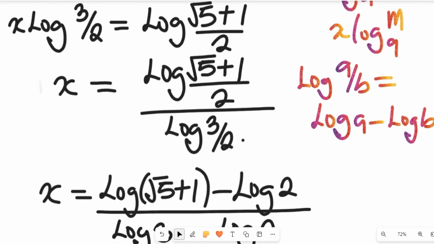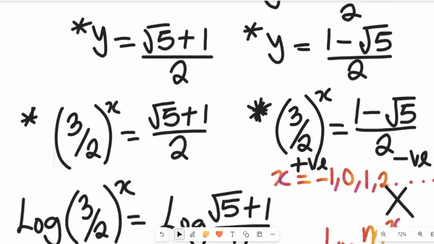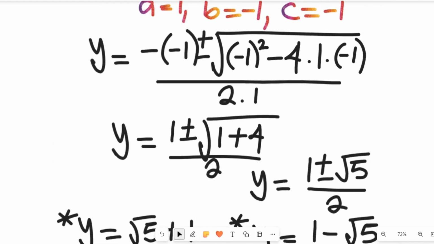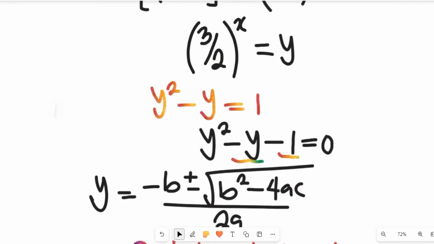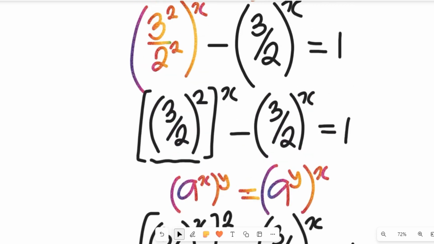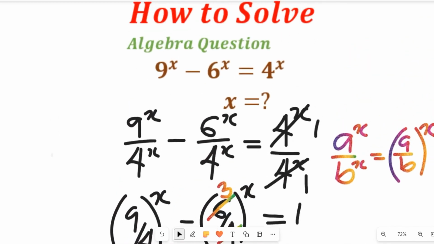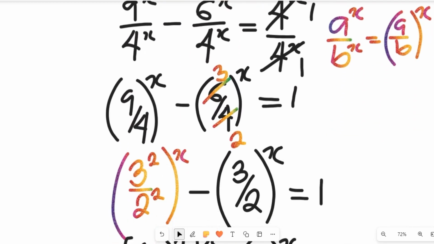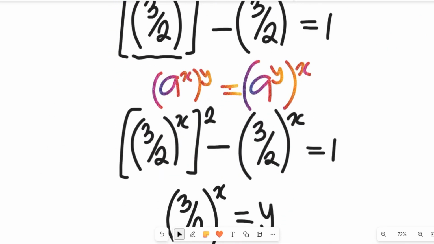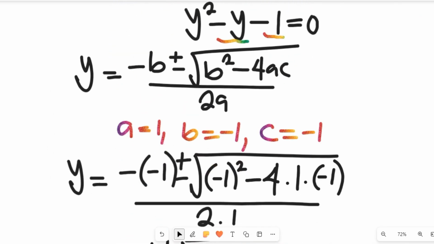Now I want us to do something. We are going to check if that solution is absolutely correct. Now let's check to see if that solution is correct. We are given 9 to the power of x minus 6 to the power of x equal to 4.